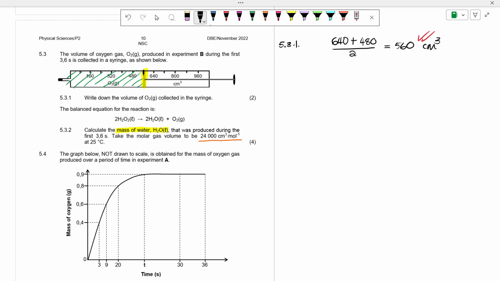So basically, when you reach a question, usually a calculation question, just try to understand what it is about, what they are requiring you to do, what is the method that you need to follow before you even write anything down. So what do we need here? We need the mass of water. But why is it in centimeters cubed per mole?